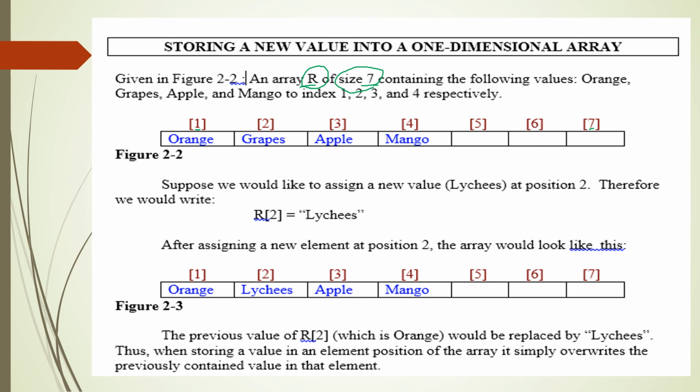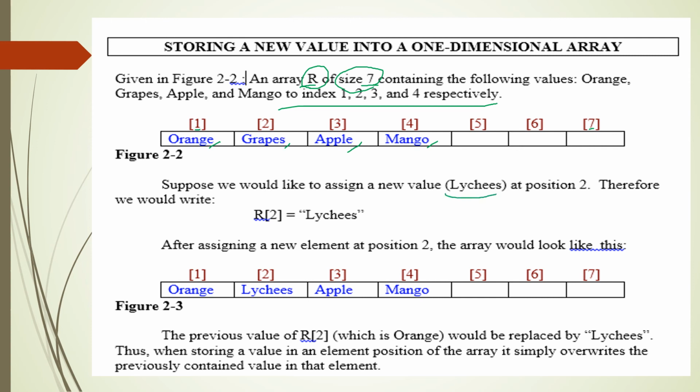Now, we have here elements such as orange, grapes, apple, and mango. Each one of them is stored at index 1, 2, 3, and 4 respectively. So, the orange is placed at index 1, grapes is stored at index 2, apple is stored at index 3, and mango is stored at index 4.